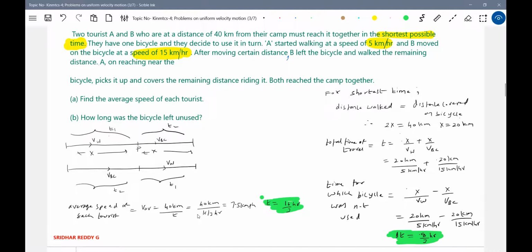Now, shortest possible time. For shortest possible time, the distance covered in walking should be equal to the distance covered on the bicycle for each tourist.